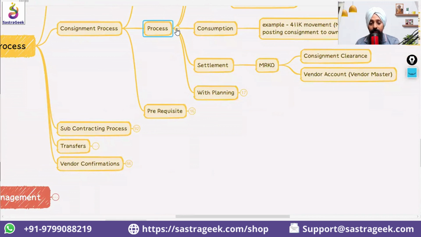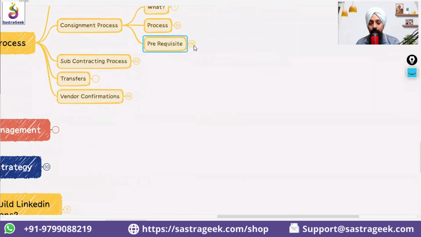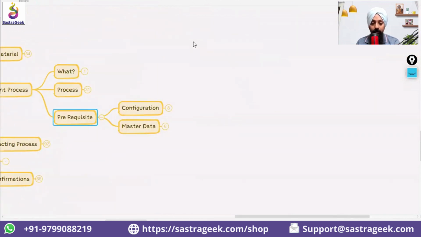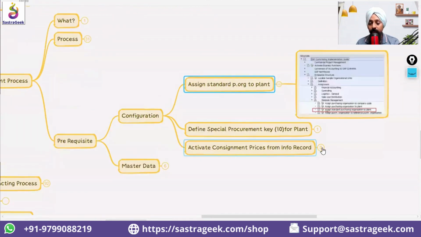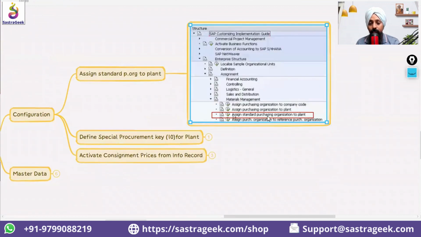What are the prerequisites for these steps? Let's go through it. What are the things we need to do for the configuration? So we need to assign our standard purchase organization to plant. In the configuration, we have this configuration, right? Assign standard purchase organization to plant. This would be used for your consignment and the pipeline part.